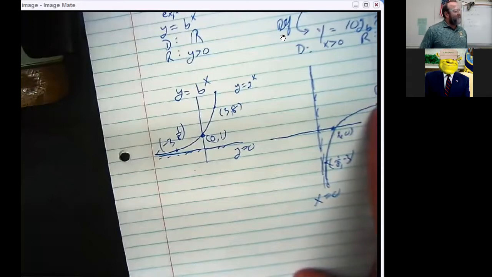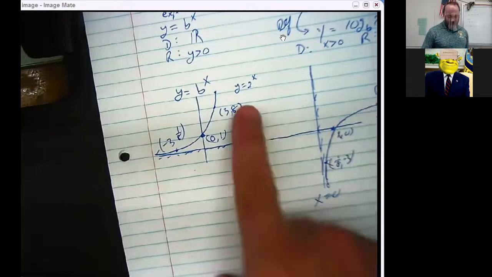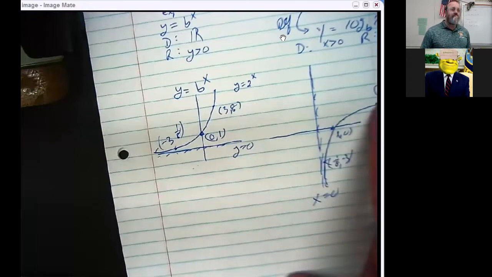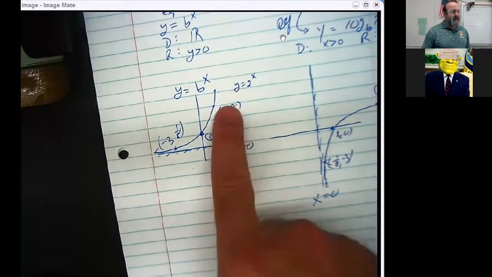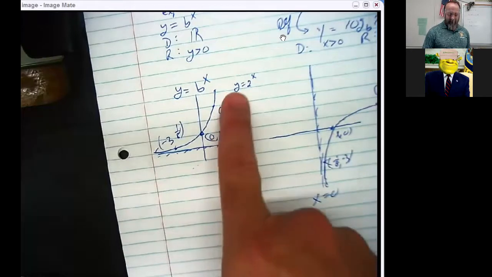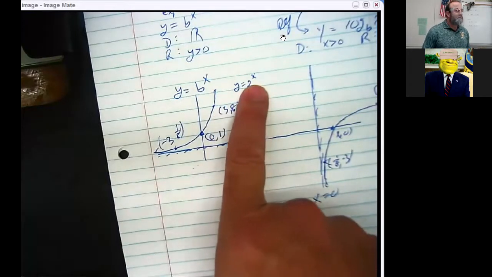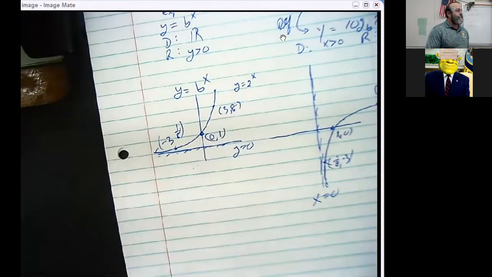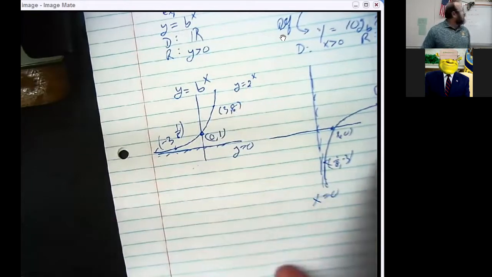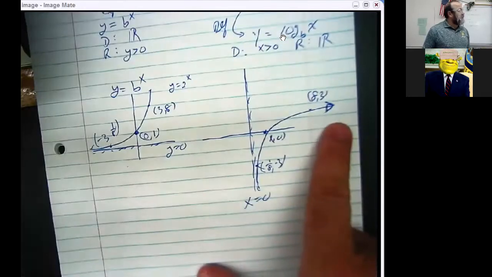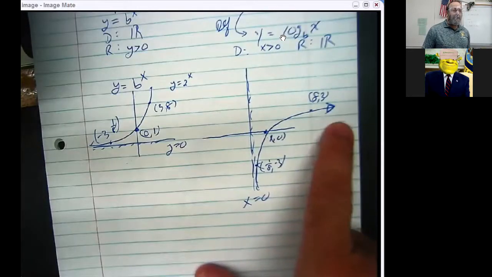How far over, careful about this, for this particular one, how far over do I have to get to a height of 4? Think over here. What happens if I plugged in 4? 2 to the 4th is 16.